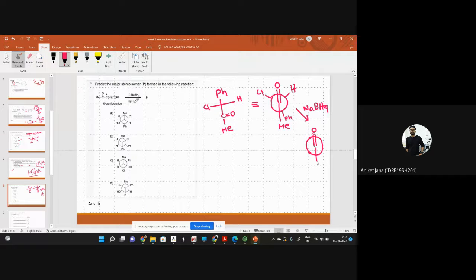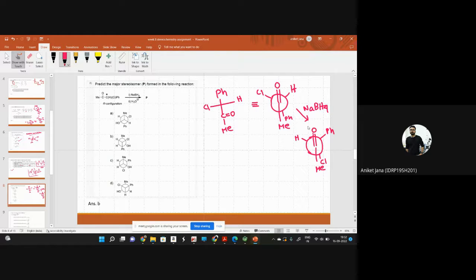Okay, so the carbonyl is here and the chloro will be anti to the carbonyl group, and the remaining will be as it is.